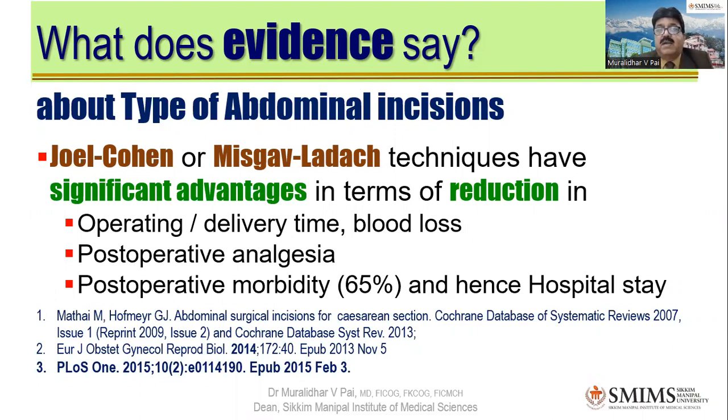So they go by the Misgav Ladach incision, but if we are not used to this technique, for example, I have never used this technique, I am quite comfortable with the Pfannenstiel incision, which is also almost similar. And again, we also do not do lots of blunt, sharp dissections unless there are adhesions. We can go just blunt dissections and fast entry into the abdominal wall.